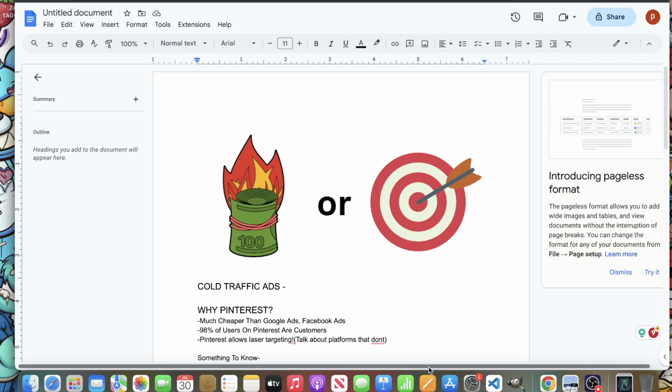Typically you have different ad groups with different interests, and you're putting in different budgets, let's say a $5 budget on each ad per day. You're paying for these ads, waiting to see which one pops off, and then you kill the ones that don't and run the ones that do. That is essentially burning cash. You're throwing money into the fire and seeing what ends up working.